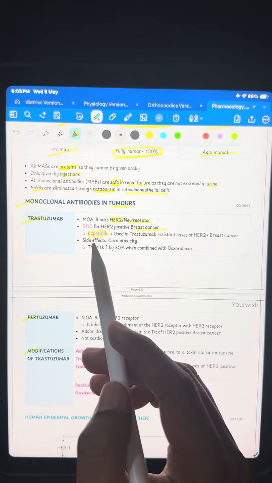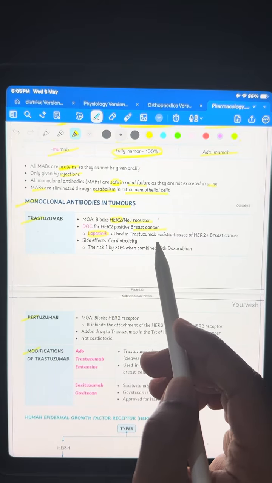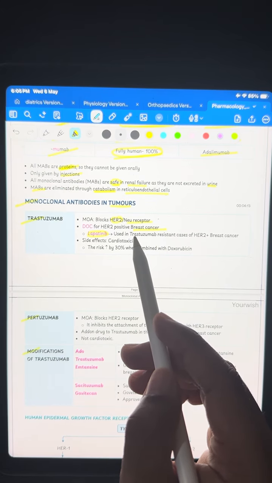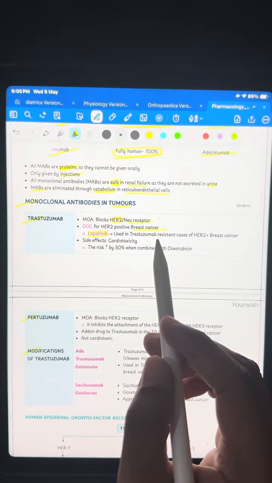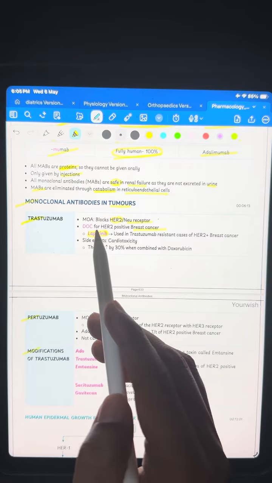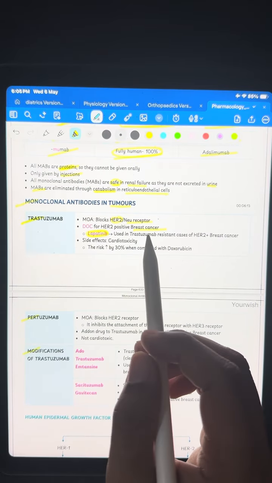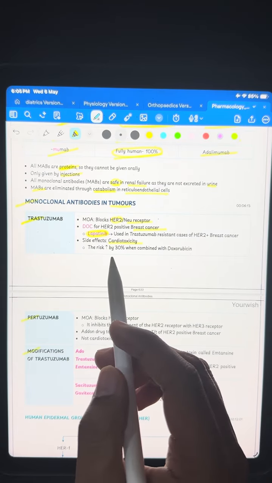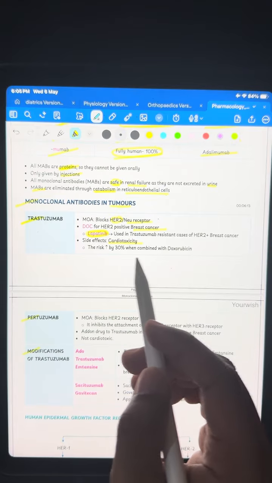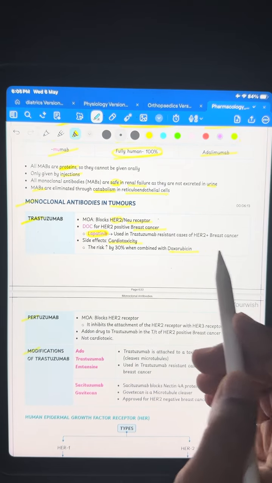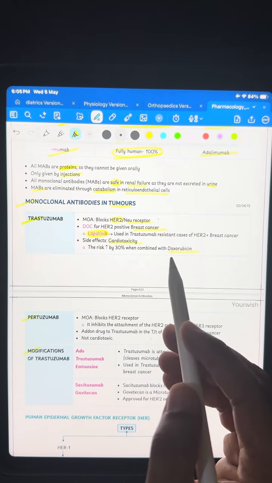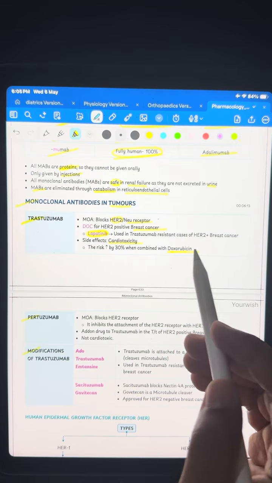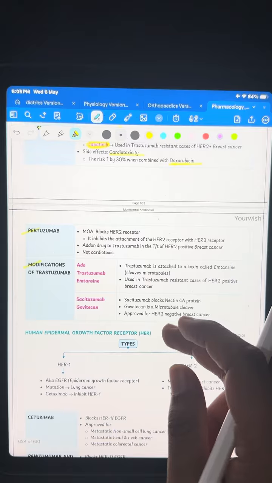Example, lapatinib: in case of trastuzumab resistance, meaning if trastuzumab is not working, we can give lapatinib in breast cancer. Side effect is cardiotoxicity. The risk increases if combined with doxorubicin, meaning cardiotoxicity level increases by 30% if it is combined with doxorubicin.